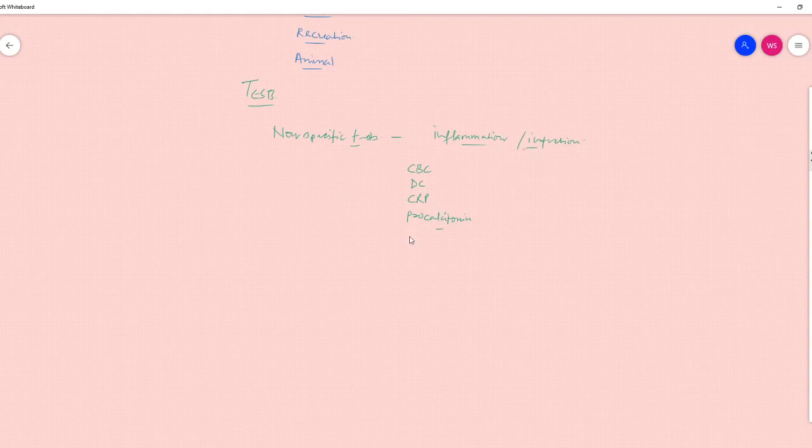Okay, or cell count could be done in the urine or the CSF. Okay? And CSF protein or glucose could be estimated in the CNS. Or what else could we do? We could do direct detection of the microorganism using microscopy.